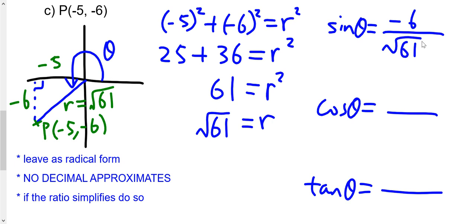So I hope this is a review for you. How do you rationalize the denominator? Multiply the top and the bottom by the same thing. This is definitely a perfectly acceptable answer. But just in case you don't see the answer that you get, you can do this.